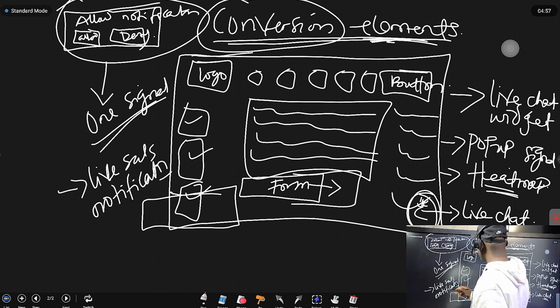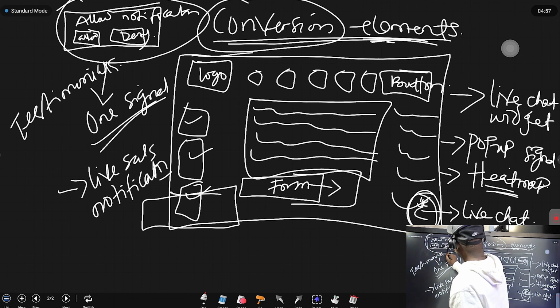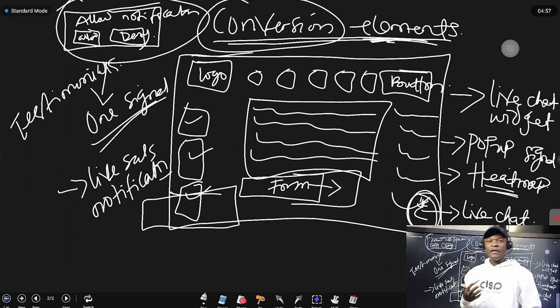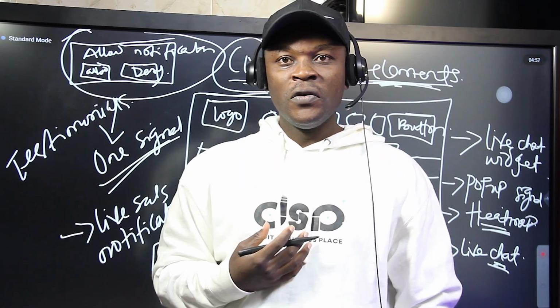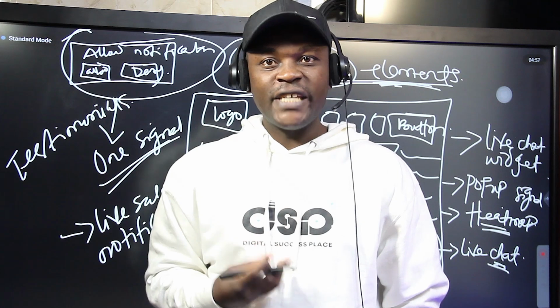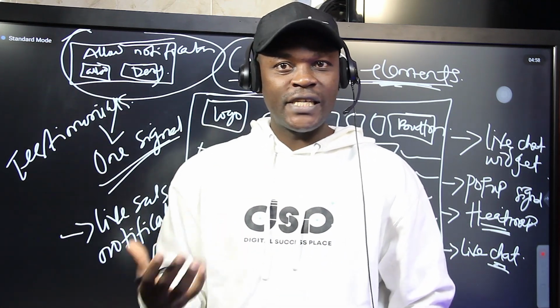So apart from this, also testimonials. Testimonials also are very good examples of conversion elements because testimonials have their way of motivating a guy to take that particular action, right? I mean, a lead action or a sales action.